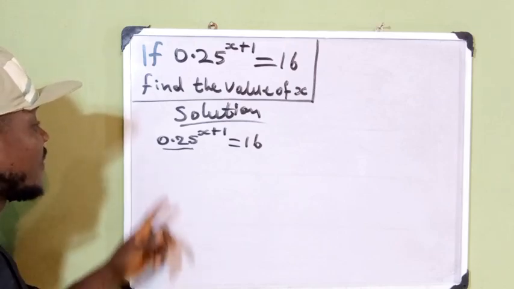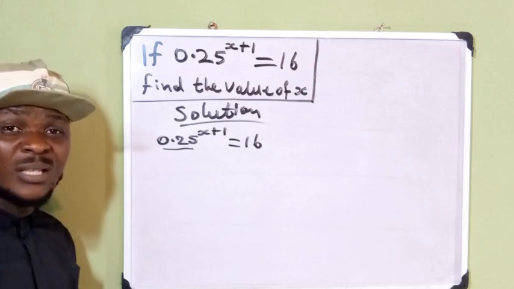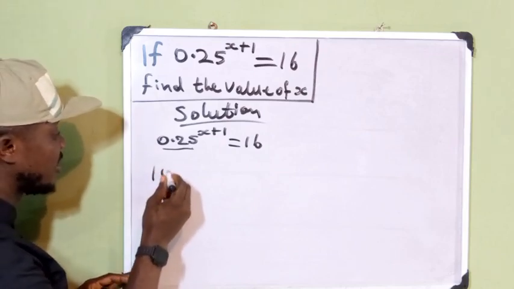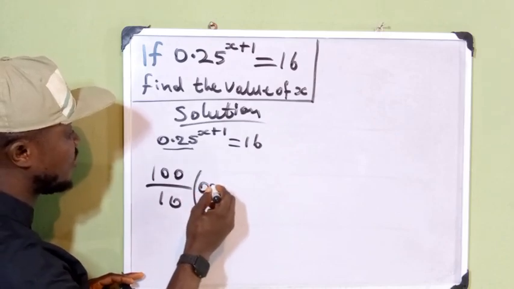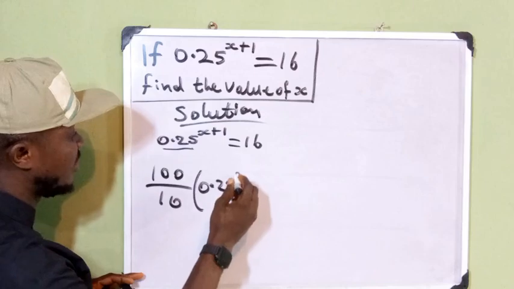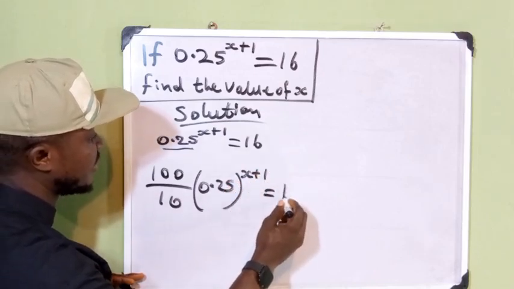For us to convert this to a fraction, we multiply it by 100 all over 100, so 100 all over 100 multiplied by 0.25, all raised to the power x plus 1, is equal to 16.